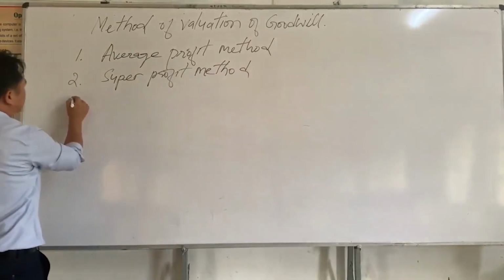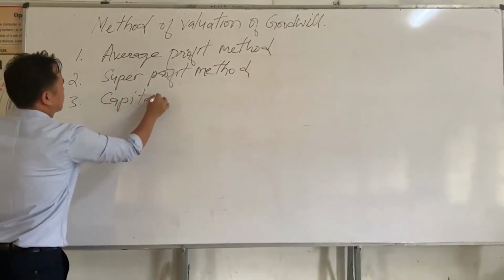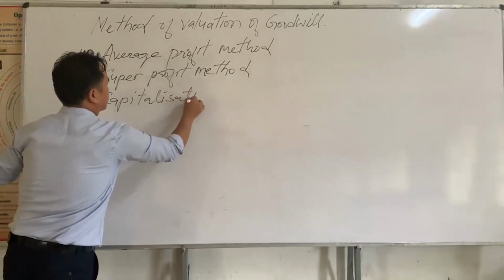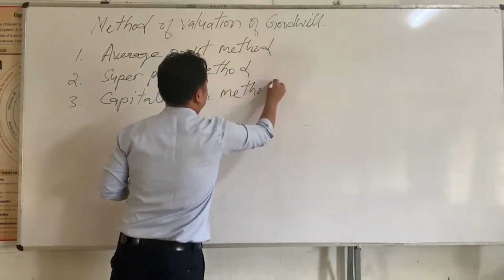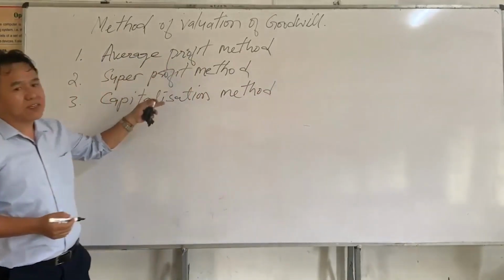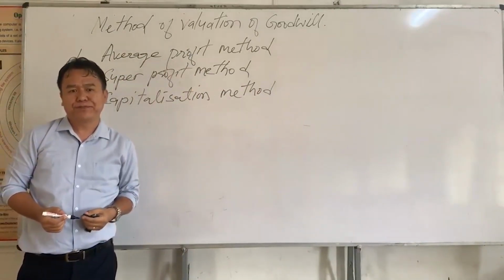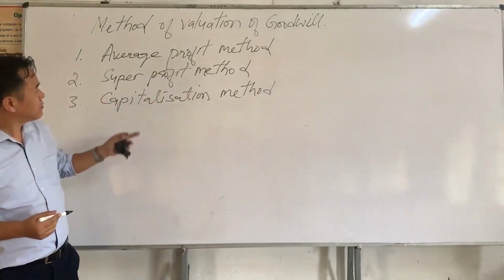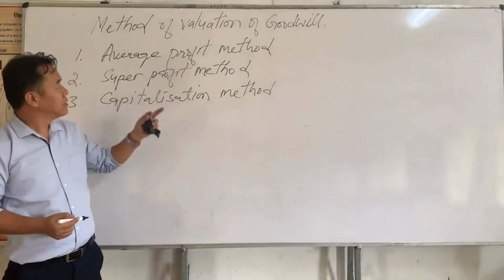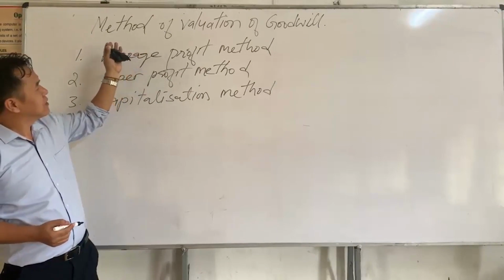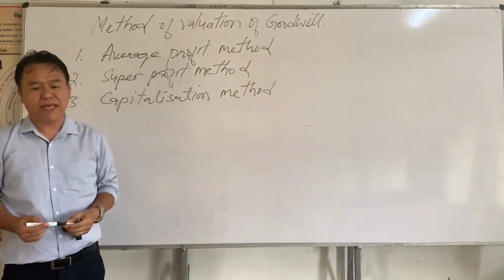And the third one is capitalization method. So these are the methods for computing goodwill of the firm. Today I'm going to discuss the first method, which is the average profit method.